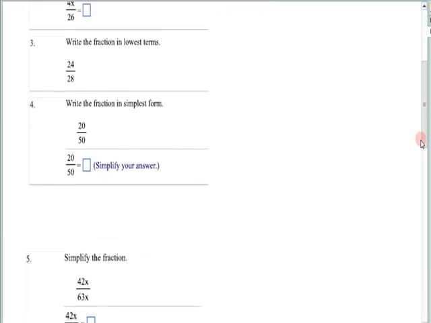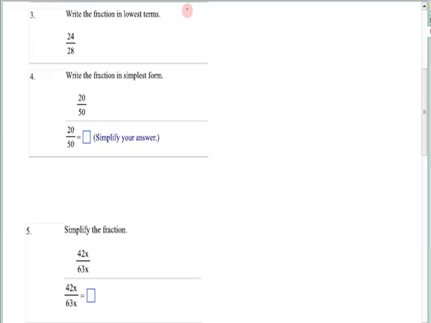All right, number 3. I have 24 over 28. Now, on this one, you might not need this at all, but just in case, prime factorization of 24. Well, it's 2 times 12. Prime. 12 is 2 times 6. Prime. 6 is 2 times 3.